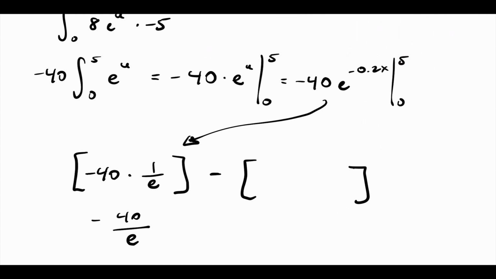This is not new. Plug in 0. That's going to be 0 power. E to the 0 power is just, or sorry, 1. Negative 40. Get negative 40 e over e plus 40.